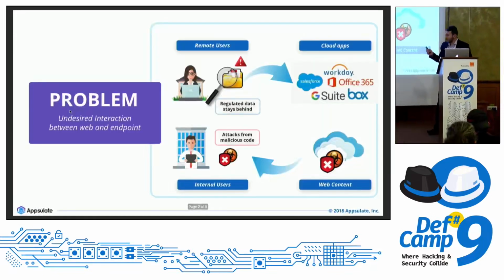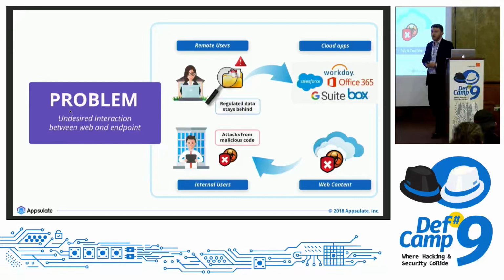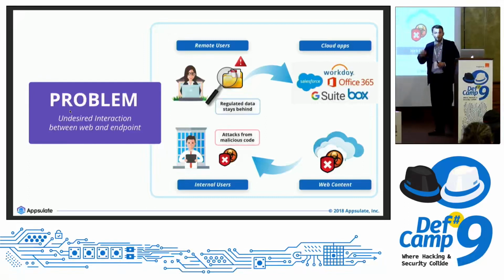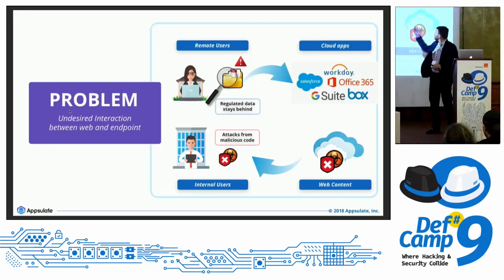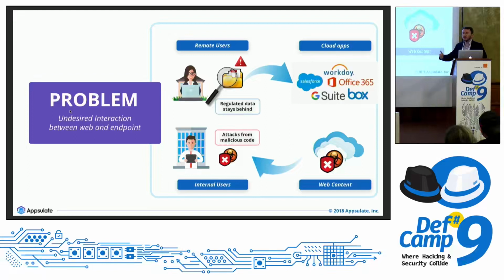Let's first describe a little bit the problem we are looking at. As more and more companies migrate into the cloud and adopt applications such as Salesforce, Office 365, G Suite, Box, so is their confidential data moving into the cloud.